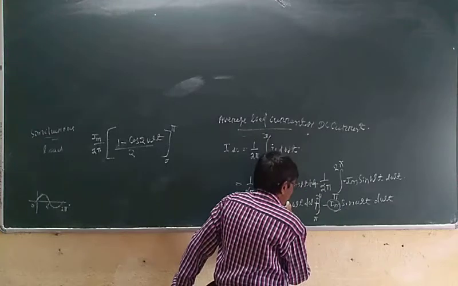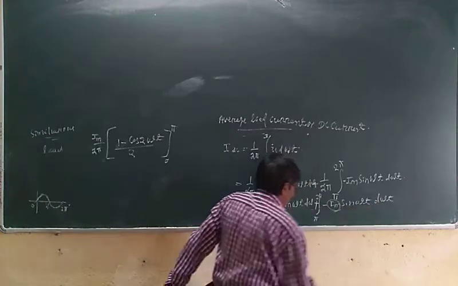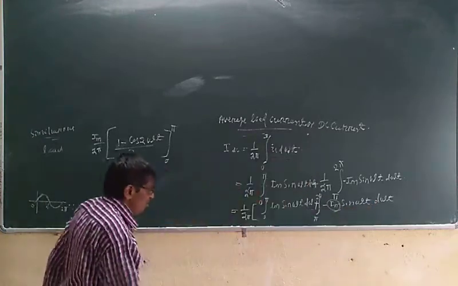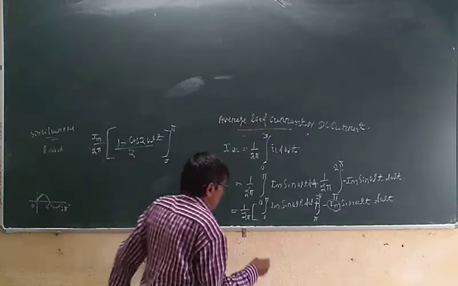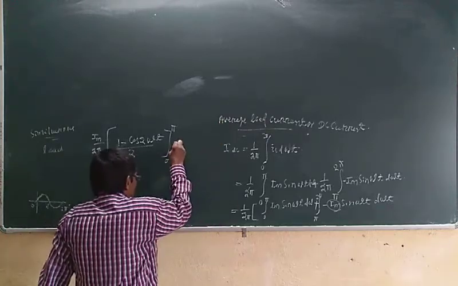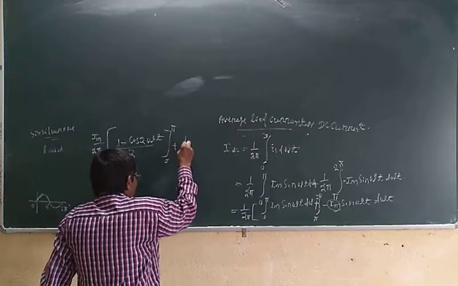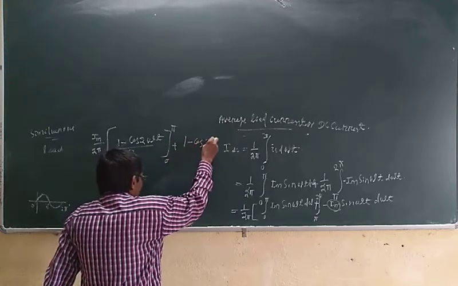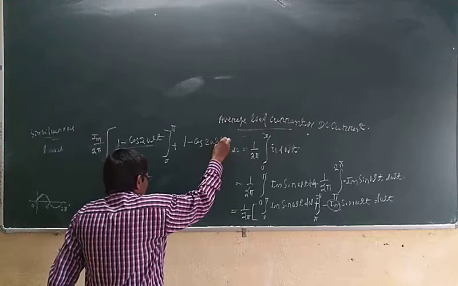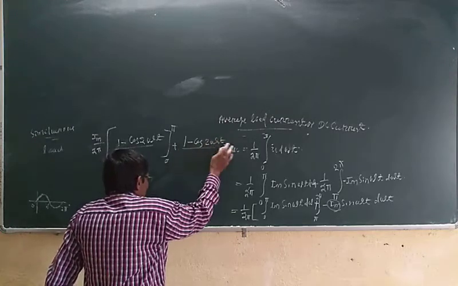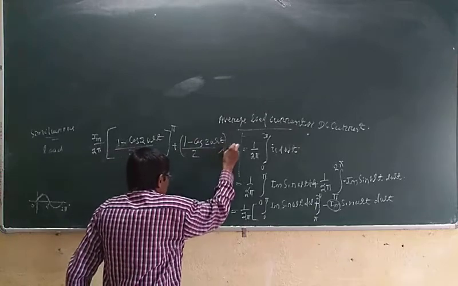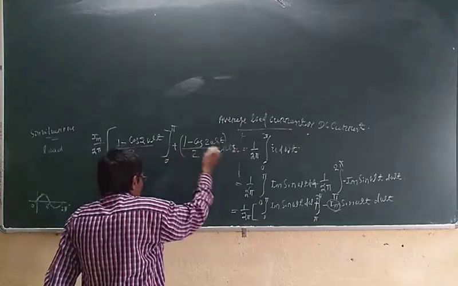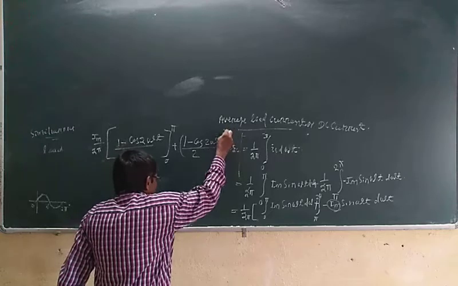Im is common outside. Sin omega t d omega t, that is plus 1 minus cos 2 omega t divided by 2, from pi to 2 pi.